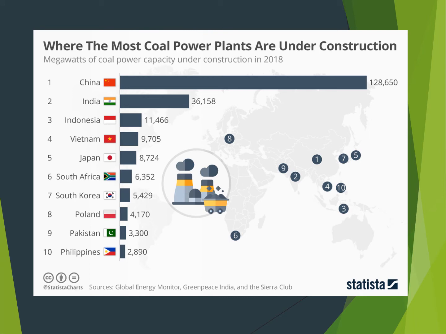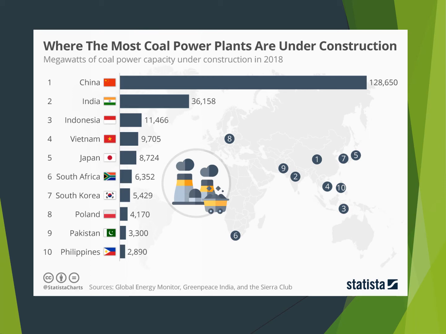Talking about coal, one of the energy sources that emits the highest carbon dioxide and causes the most problems, we can see that China is leading everybody in terms of coal power plants under construction in 2018. That means it is looking at expanding to burn more coal than anybody else. As we know, this has something to do with the economic rise of China.